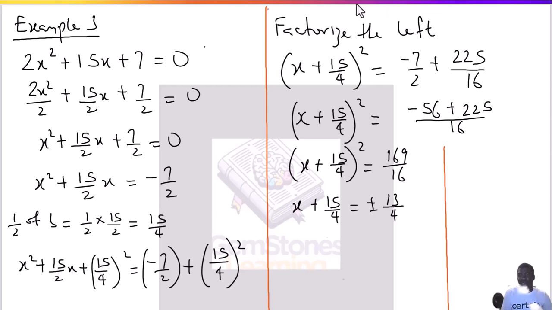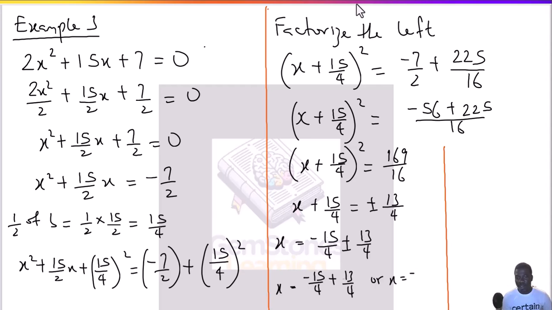So let's divide into two smaller parts so that we can solve it completely here. Let's move 15 over 4 to the other side. Remember it was positive here, so it will become negative. So our x will be equal to negative 15 over 4 plus or minus 13 over 4. So our x is equal to negative 15 over 4 plus 13 over 4, or our x is equal to negative 15 over 4 minus 13 over 4.